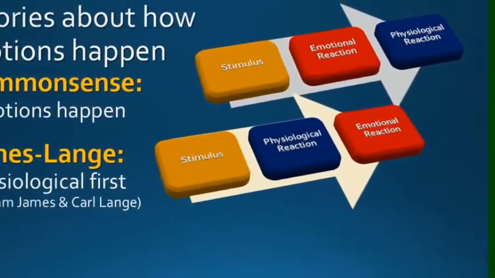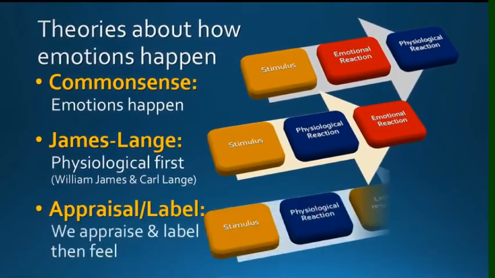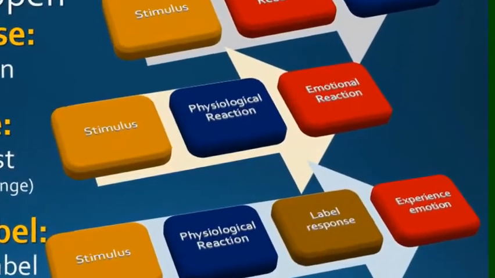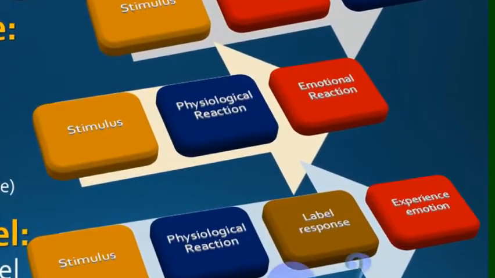The third theory, the appraisal label approach, takes the James Lange view and inserts an additional step between the physiological reaction and the emotional reaction. The stimulus still causes the physiological reaction, but then your brain gets involved as you label your response. The label you use determines the emotions you experience. Depending on how you label the physiological response, you will experience different emotions.